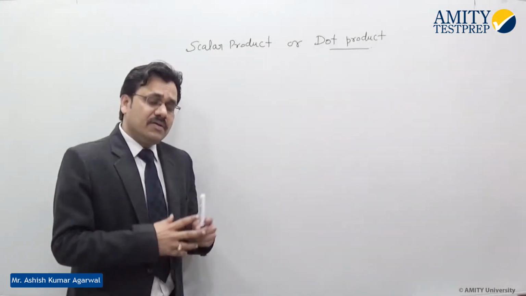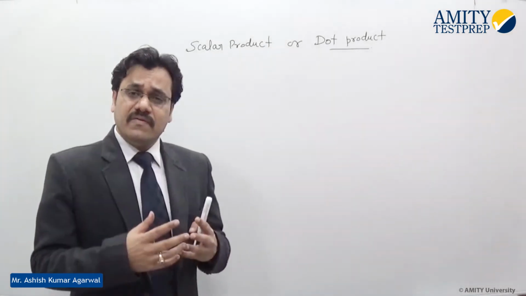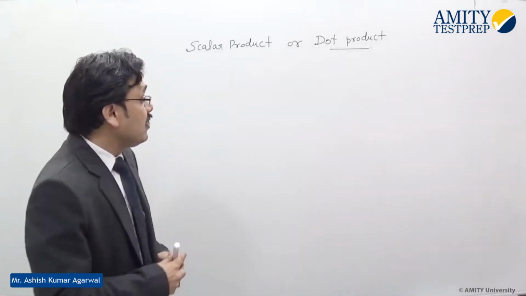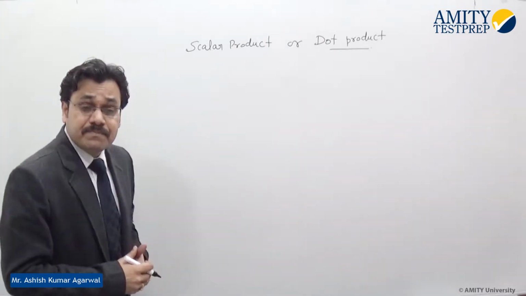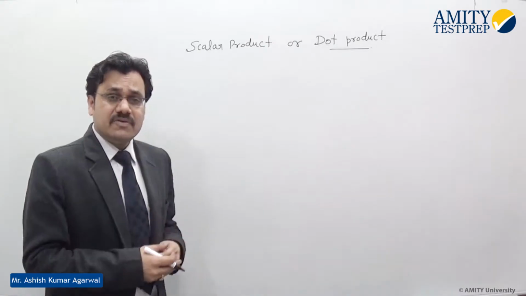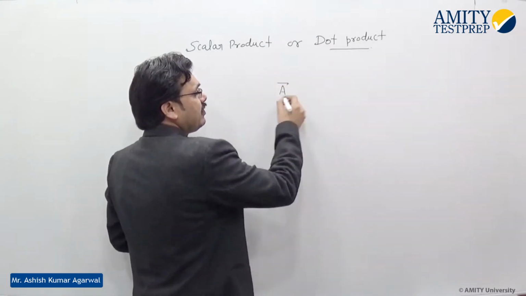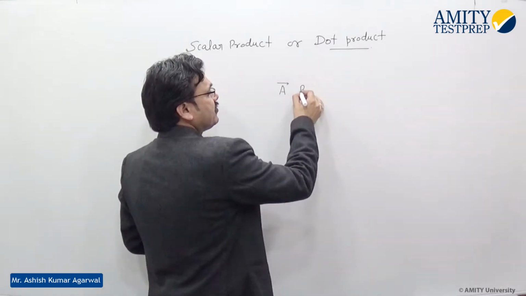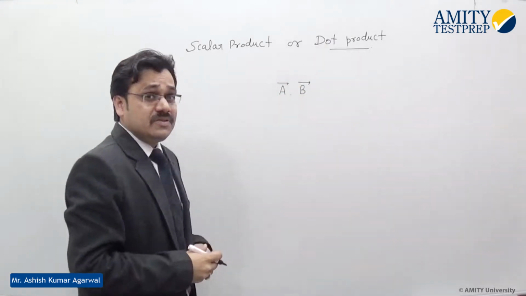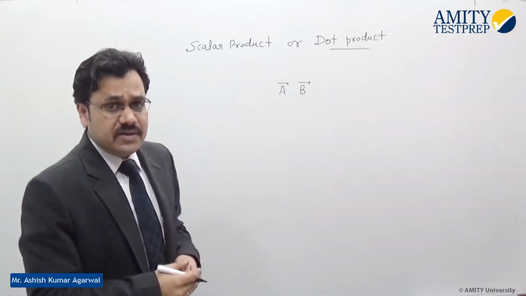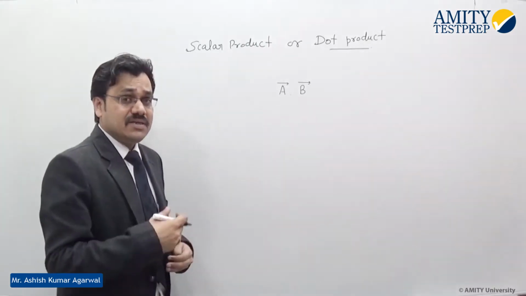We will discuss the scalar product of two vector quantities here. As we discussed, suppose I have two quantities, A vector dot B vector. Sometimes these two vectors when multiplied give us a scalar quantity.